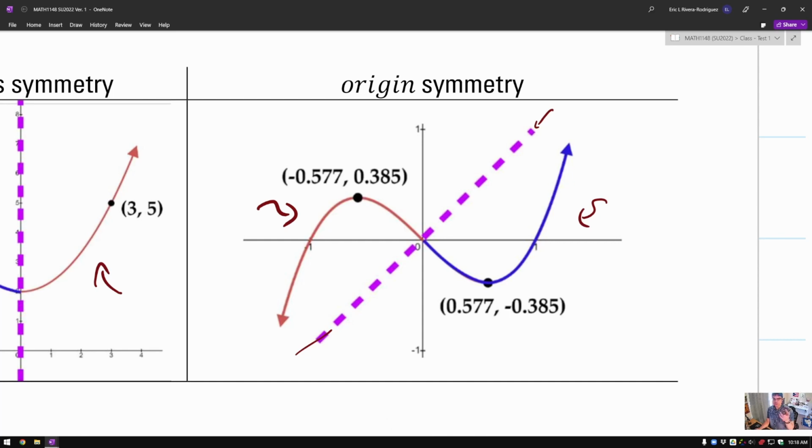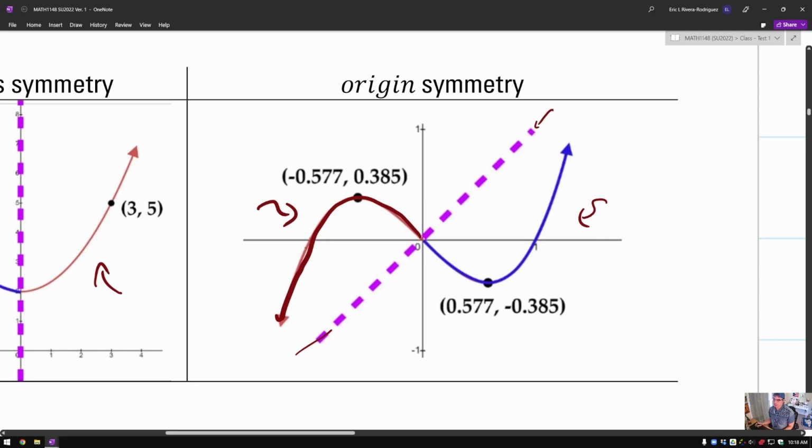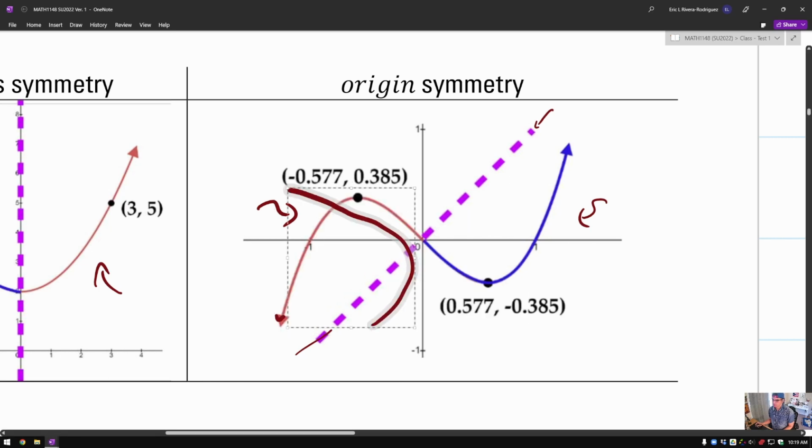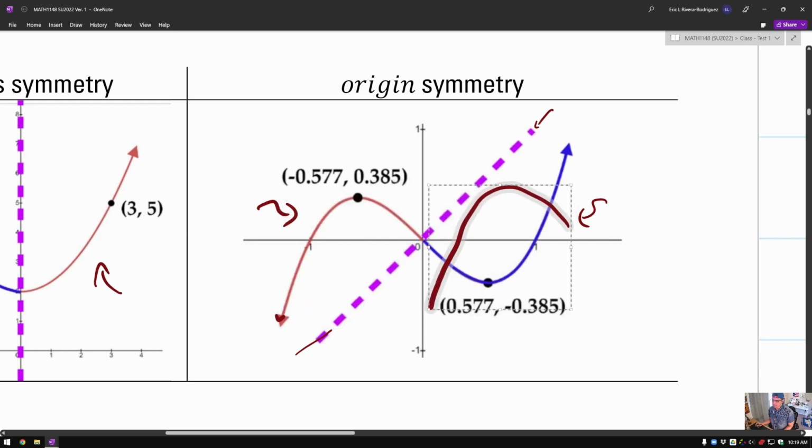But see that when we are talking about the origin, there are two reflections. The first one is across one of the axes. For example, if I take this, let me see if I can rotate this. Rotate 90 degrees. That doesn't look good. So what I have here on the left side is going to be reflected on the right side.